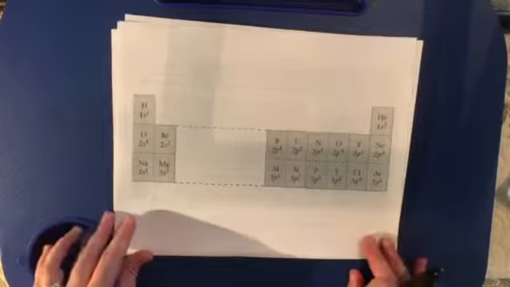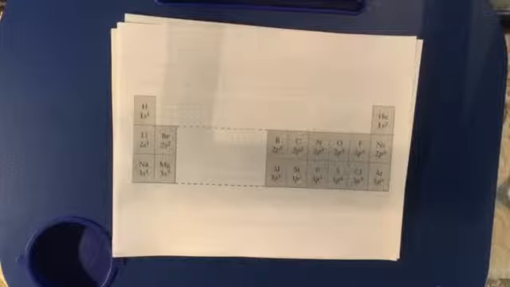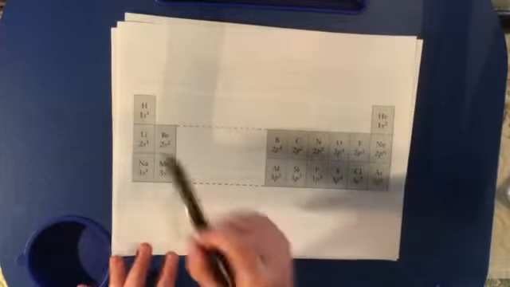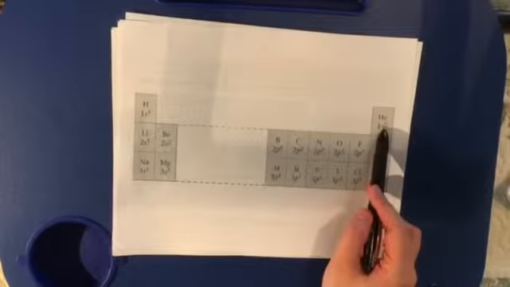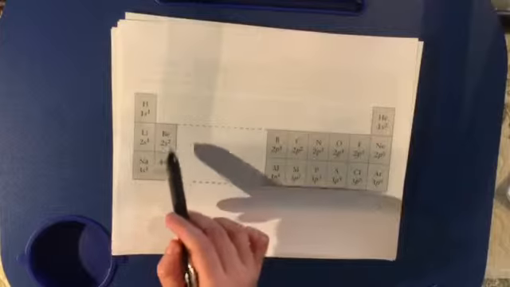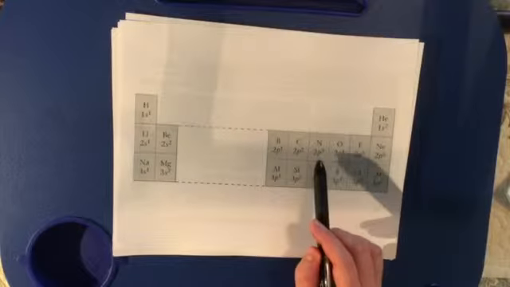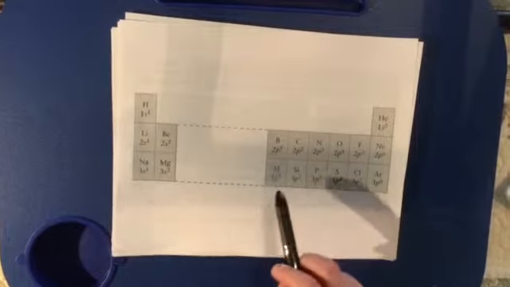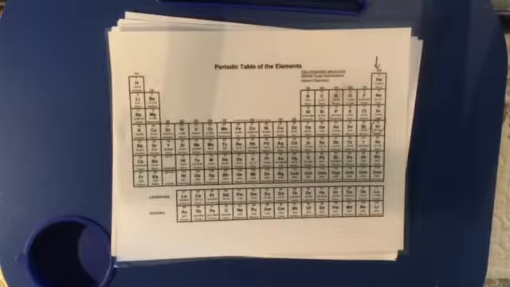Okay, so here we're going to notice a trick. If you look at the electron configurations, as you go along the periodic table, let's notice a pattern here. So it's 1s1, 1s2, and then we've got 2s1, 2s2, 2p, 1, 2, 3, 4, 5, 6, 3s1, 3s2, 3p, 1, 2, 3, 4, 5, 6. Notice how the periodic table is broken up into blocks that are the same as the orbitals.